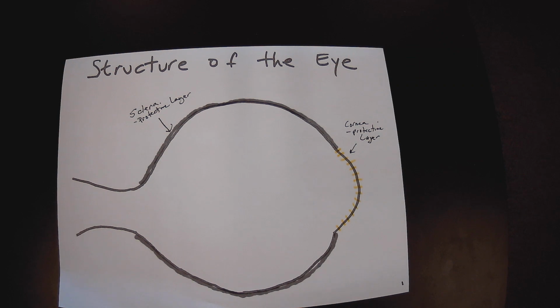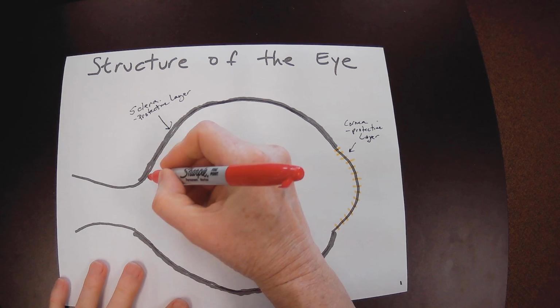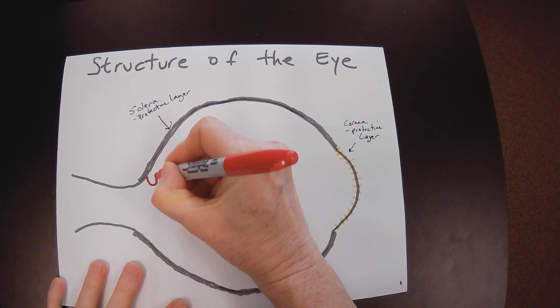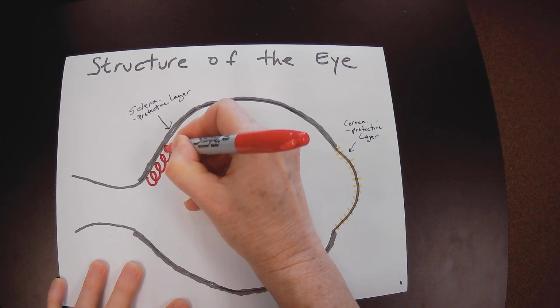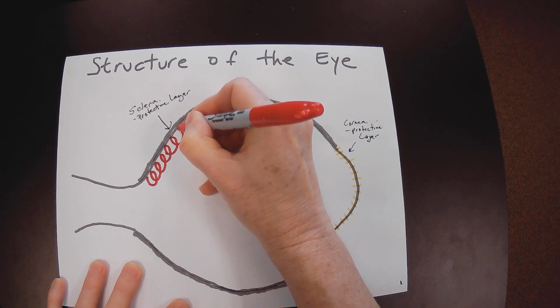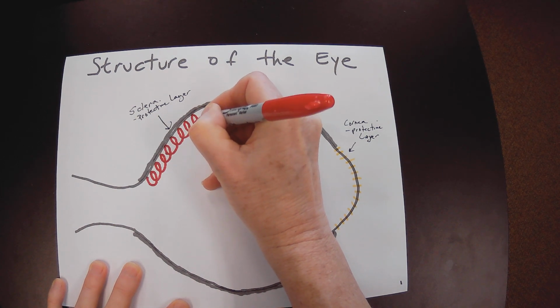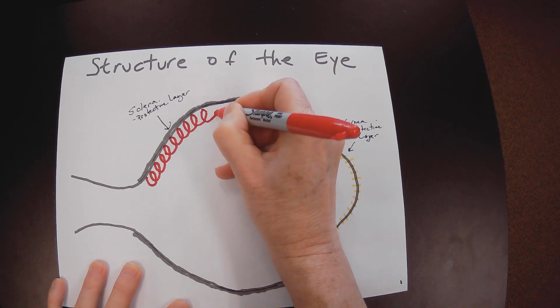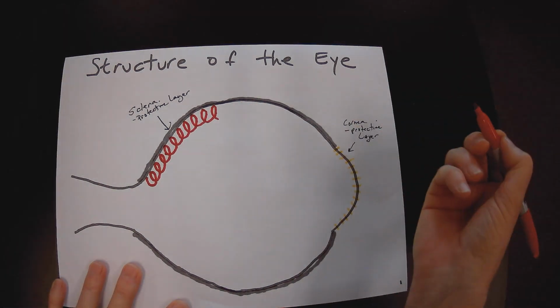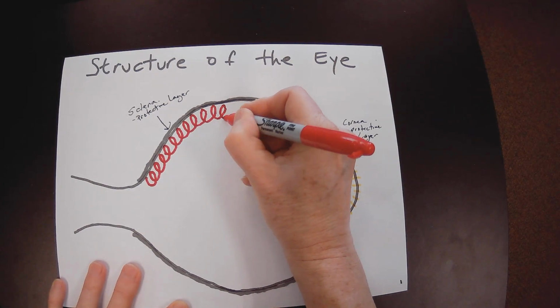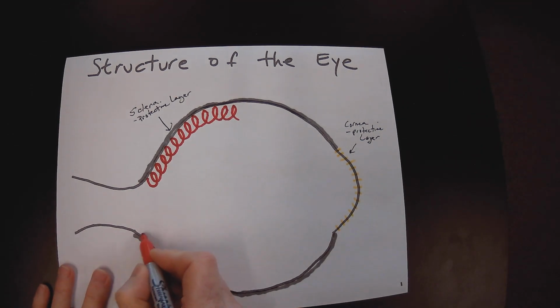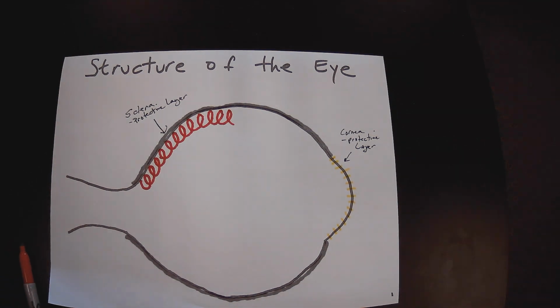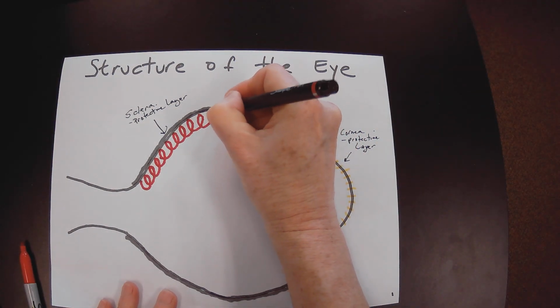And moving on back, we have part of the vascular layer. Okay, the eye has a couple of parts to the vascular layer. This first part, just under the sclera, is known as your choroid.